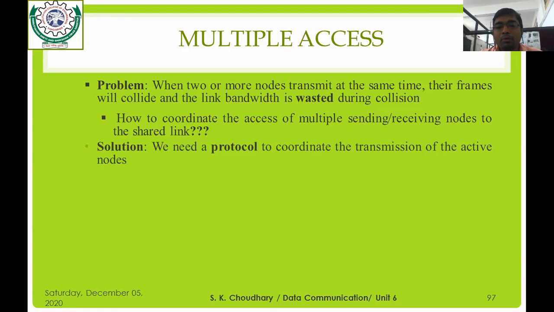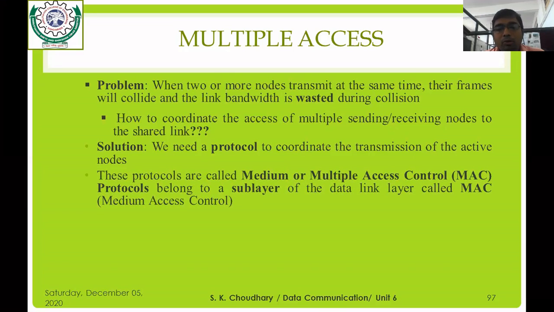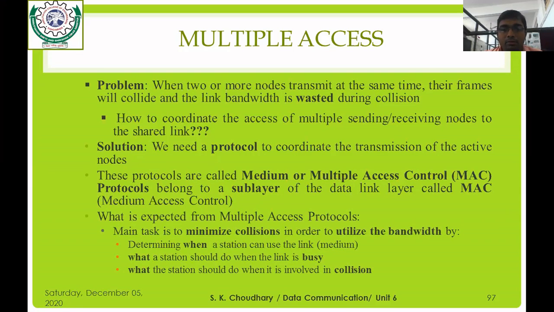We need a protocol to coordinate the access of multiple nodes. These protocols are generally called medium or multiple access control. It belongs to a sublayer of the data link layer called the MAC, medium access control.